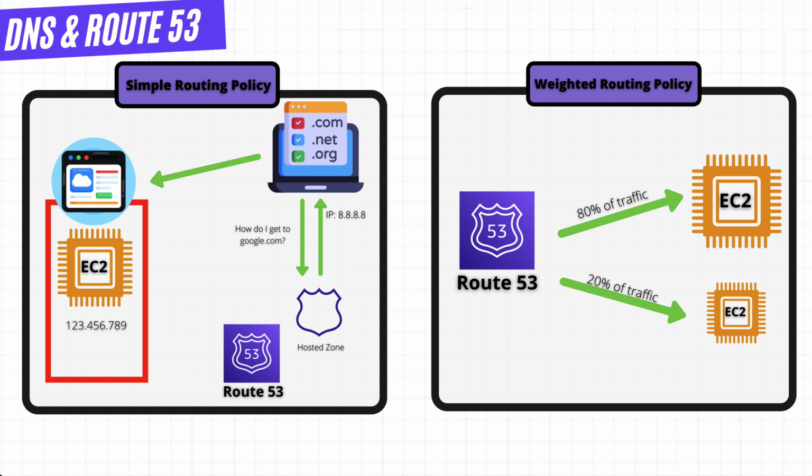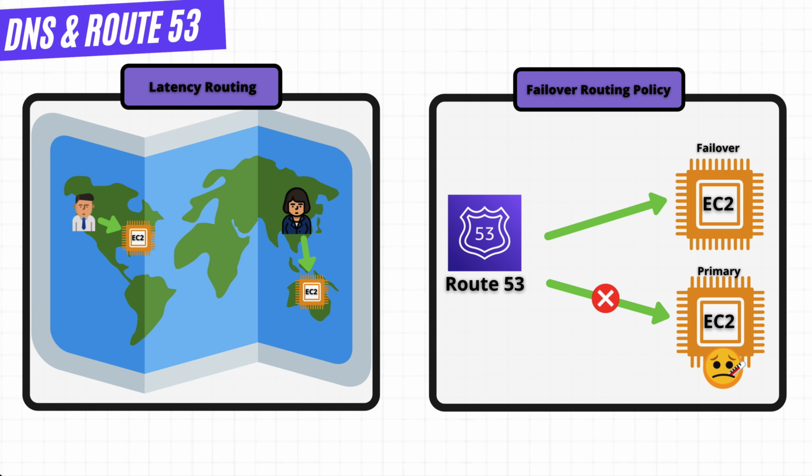We also have the weighted routing policy, where we can assign a certain percentage of the traffic to go to one instance and the rest to another, like 80% to one instance and then the other 20% to the other instance.